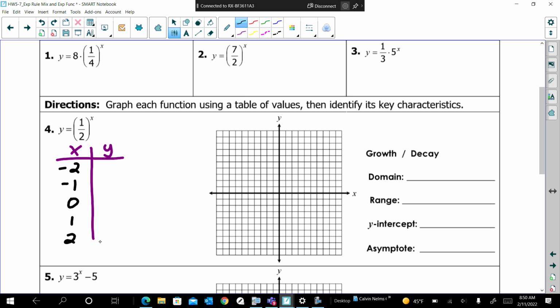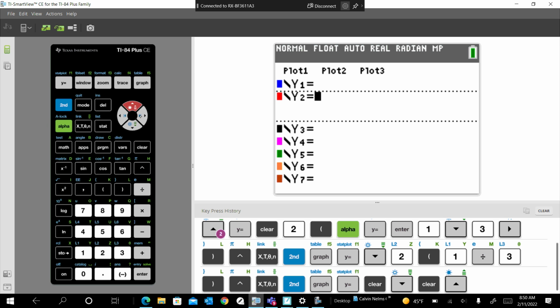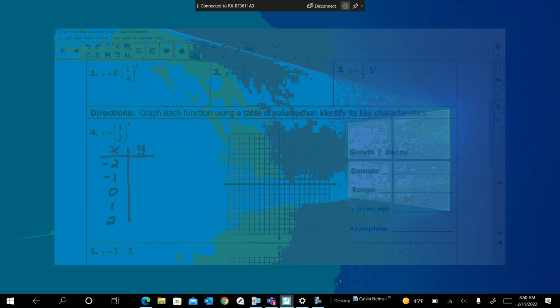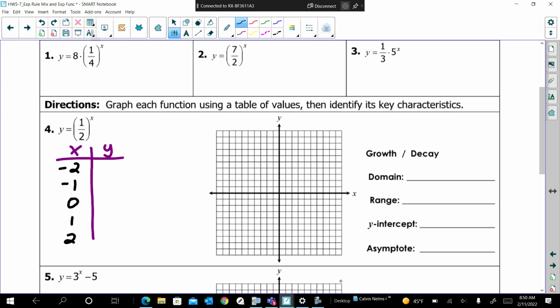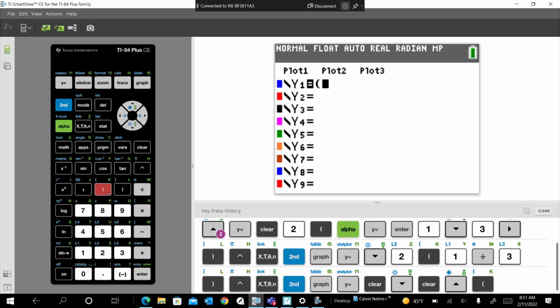All right, so for this, you're going to put the equation in the calculator. I'm going to clear this out. Our equation was 1/2 to the x power. You can use your parentheses.